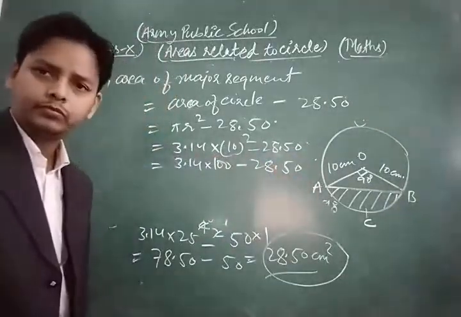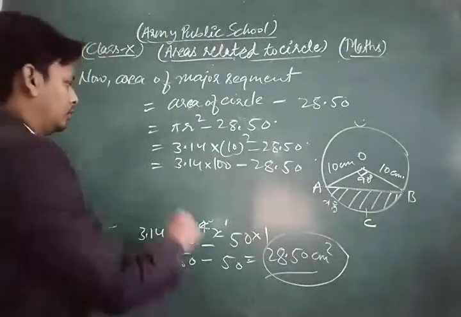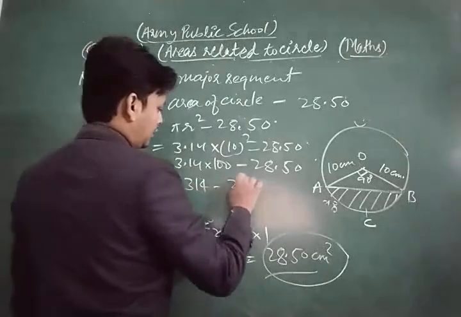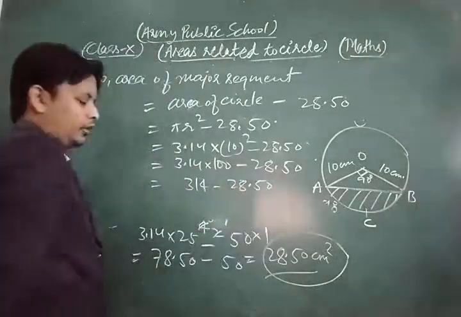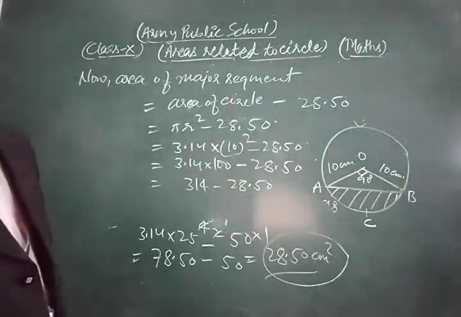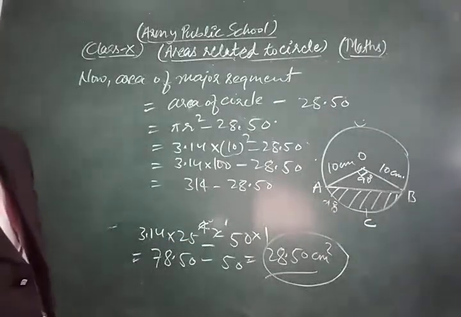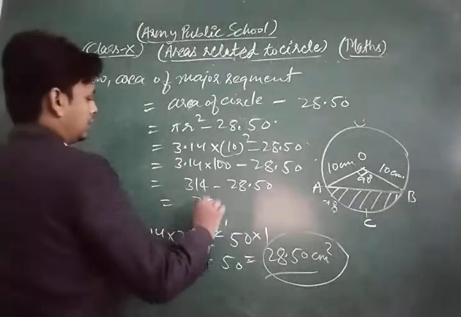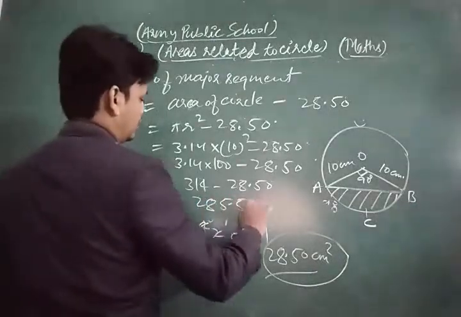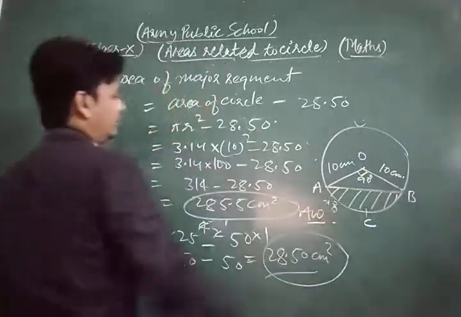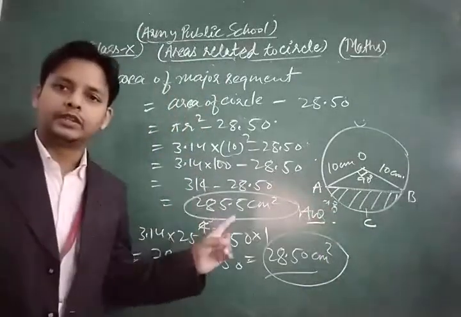So this is 314 minus 28.50. What do we get? We get 285.5. This is the area of its major segment.